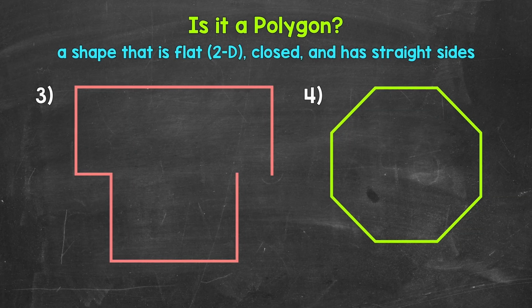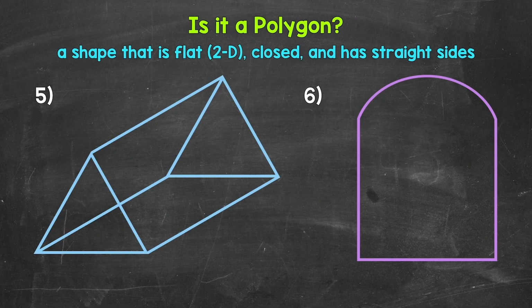Taking a look at numbers 3 and 4 now, is number 3 a polygon? And is number 4 a polygon? What do you think? Well, number 3 is not a polygon. It's flat and has straight sides, but it's not closed. And then for number 4, that is a polygon. It's flat, closed, and made of straight sides.